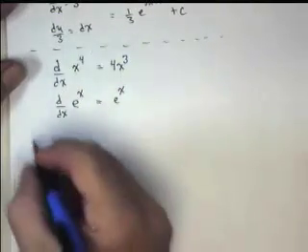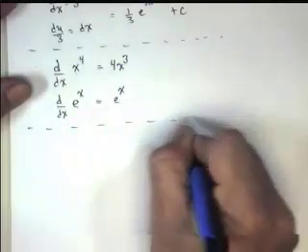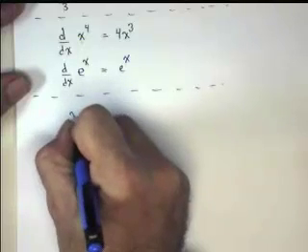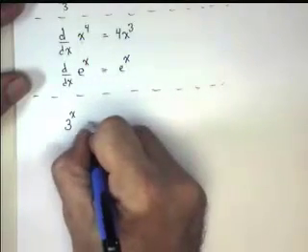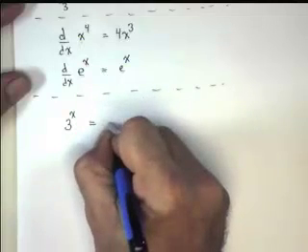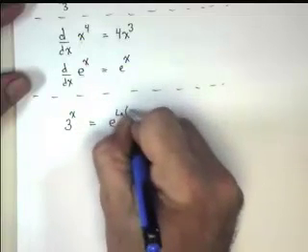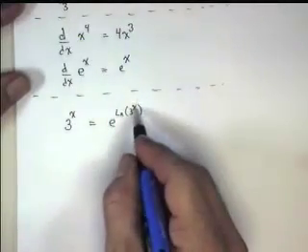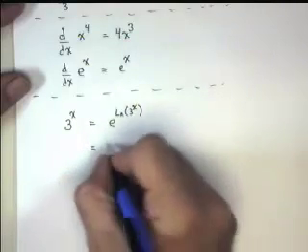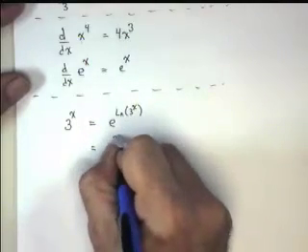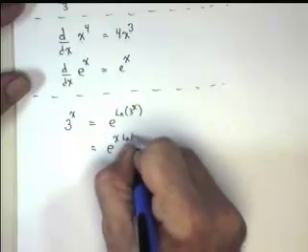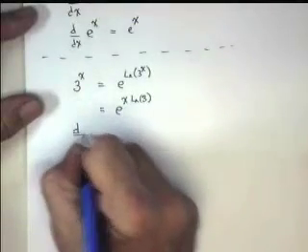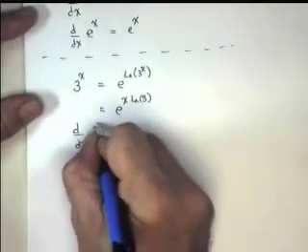How do we handle other bases? Well, we use the change of base formula. Notice that 3 to the x is the same as e to the natural log of 3 to the x. Simply inverse operations. Properties of logarithms say that this is equal to e to the x times the natural log of 3. Therefore, what's the derivative of 3 to the x?